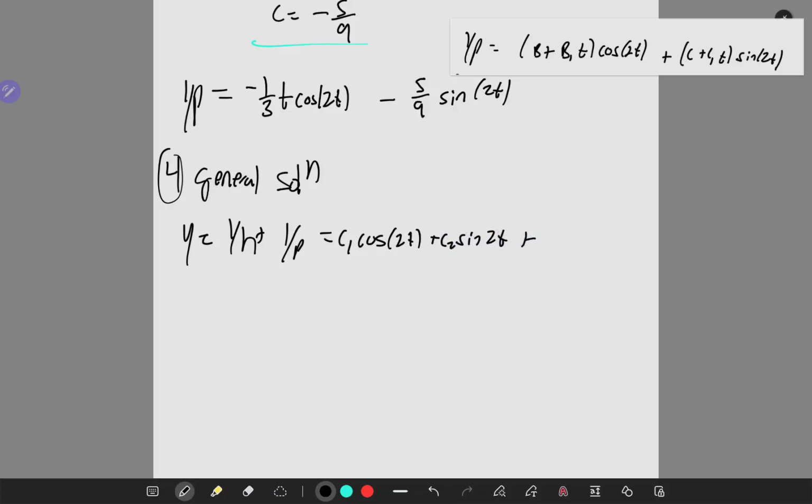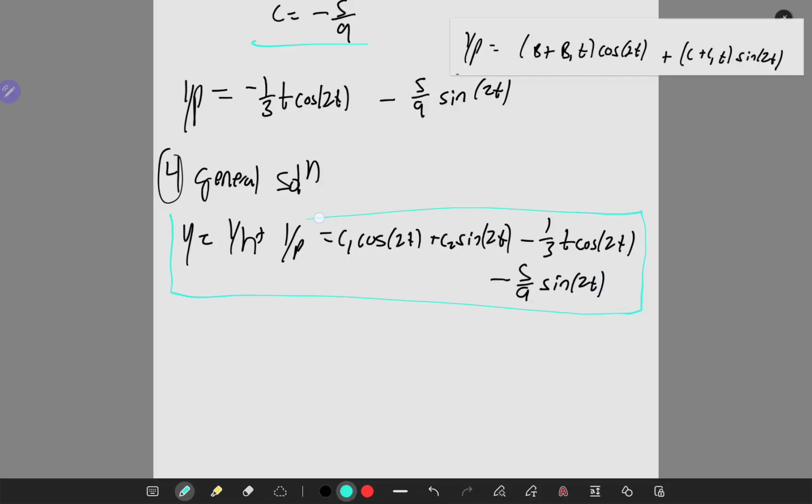And then we just add y sub p. So plus -1/3 t cosine of 2t minus 5/9 sine of 2t. So this is the correct solution. I did do everything else right except for that one little term that we had extra.